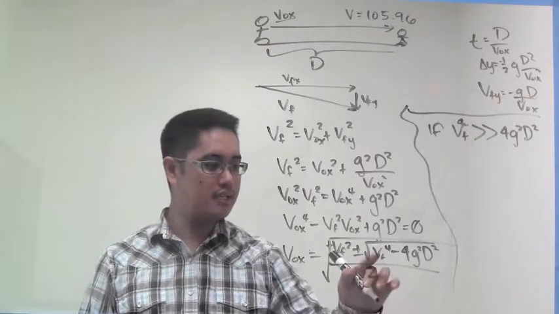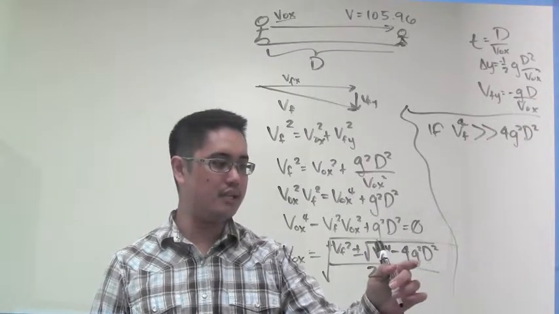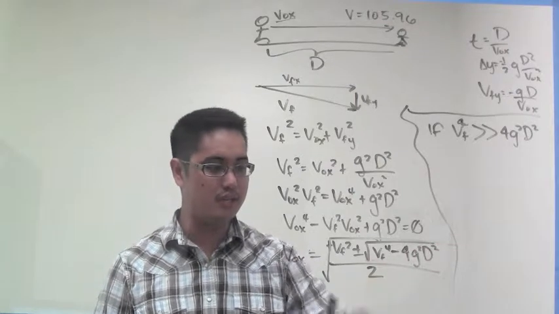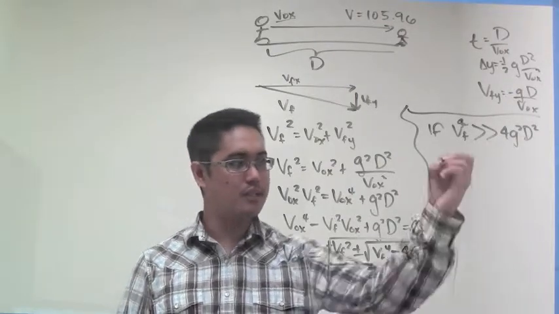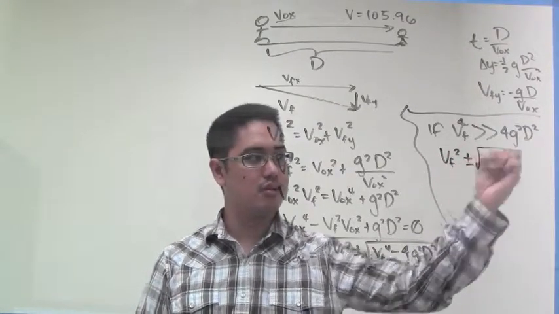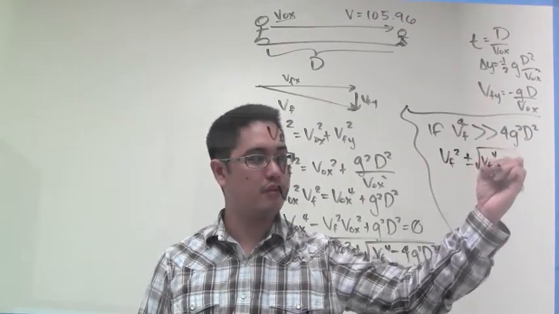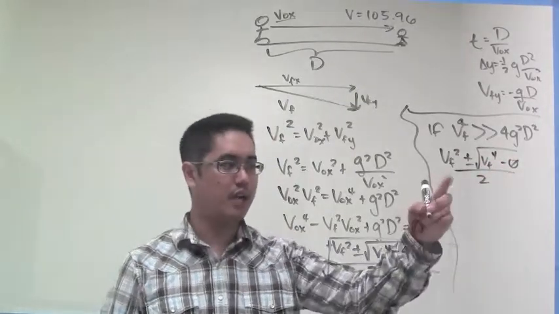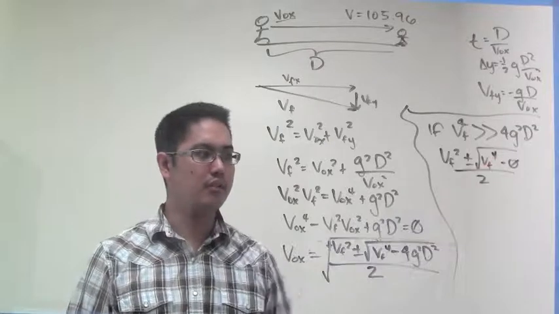So that's not even that bad of an assumption to make. If that were the case, then this thing would dominate, and you can just get rid of this last part because it's so small in comparison. Then I would have V final squared plus or minus the square root of V final to the fourth power minus 0, all over 2. Essentially, I would have nothing there.